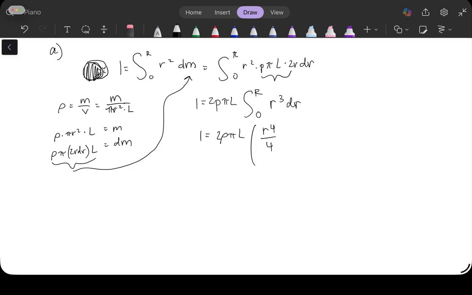This ends up being r to the power 4 over 4 from 0 to r. This simplifies to this. And we don't know density here, so I'm going to replace it with what we found over here.